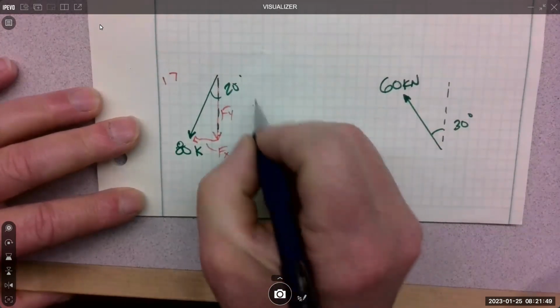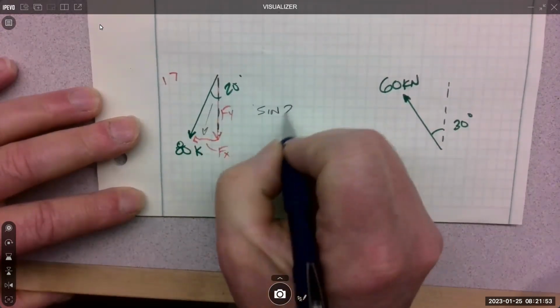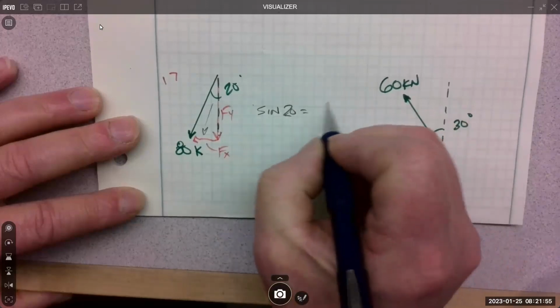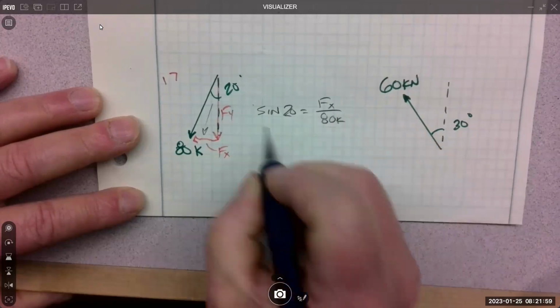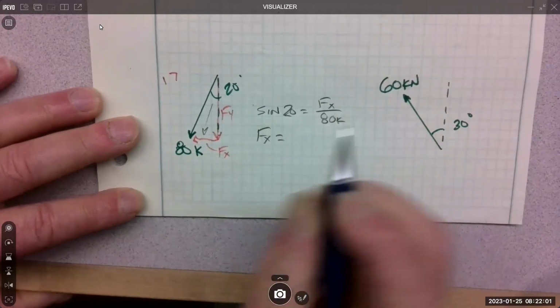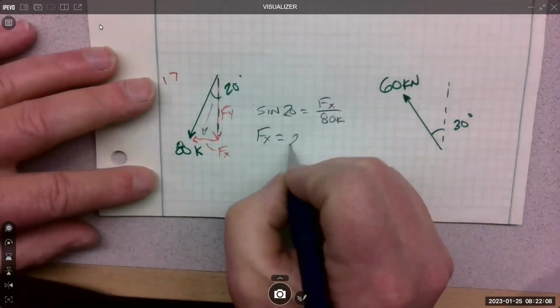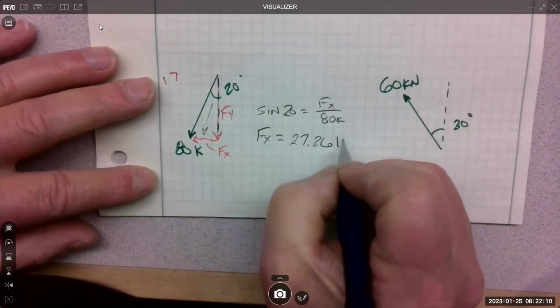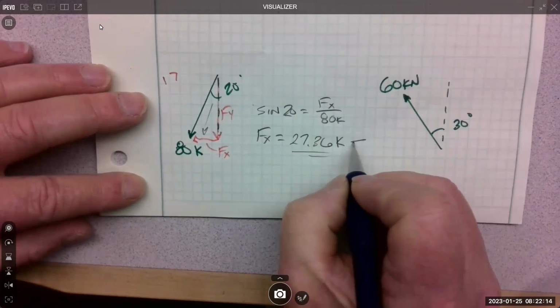So if I go for X first, sine, because it's opposite, sine 20 equals Fx over 80K. Fx equals 2736. And that looks to be negative or to the left.